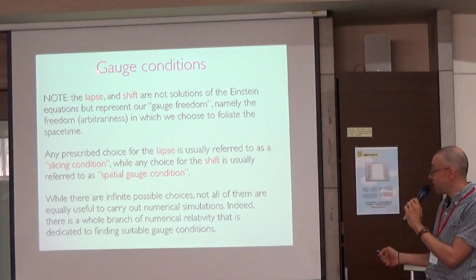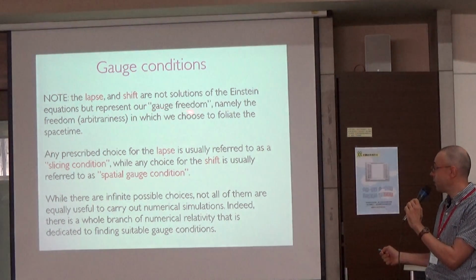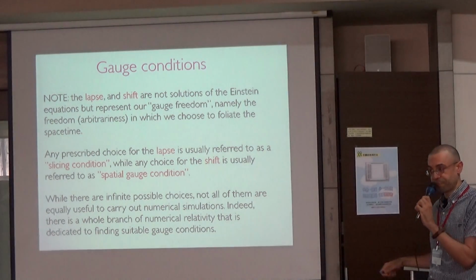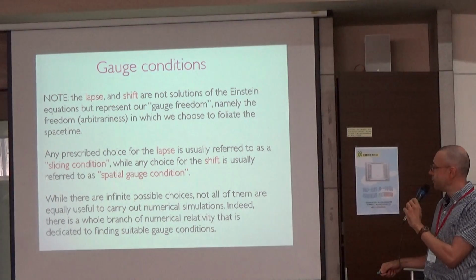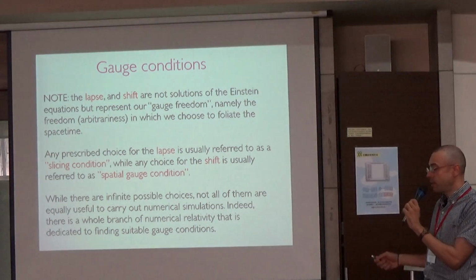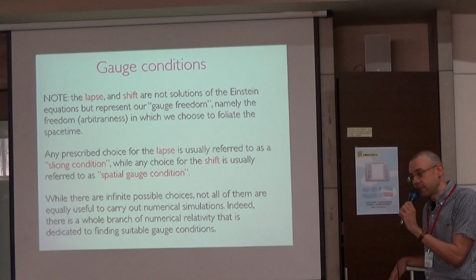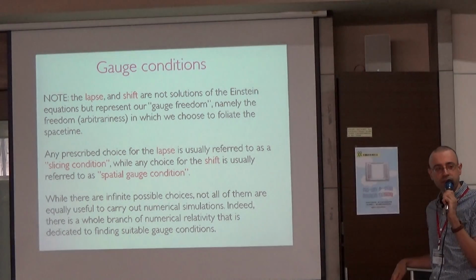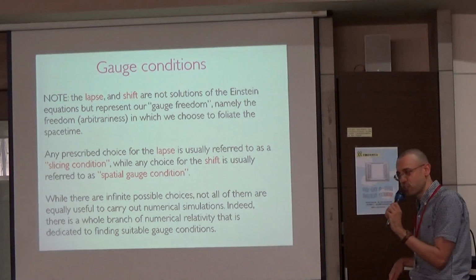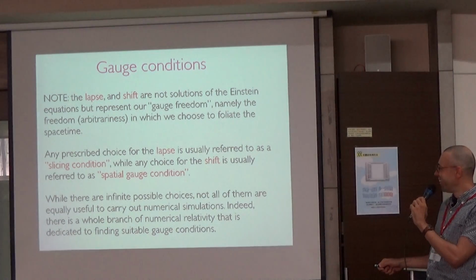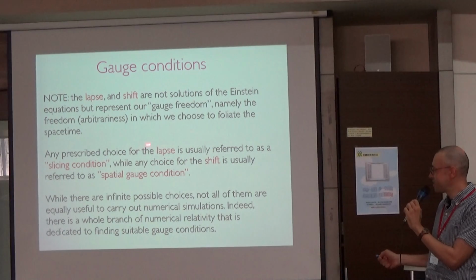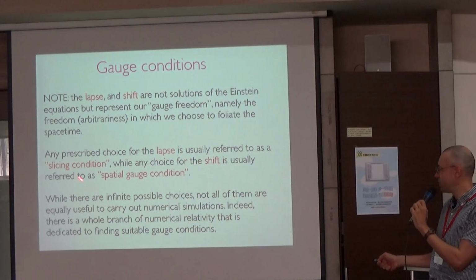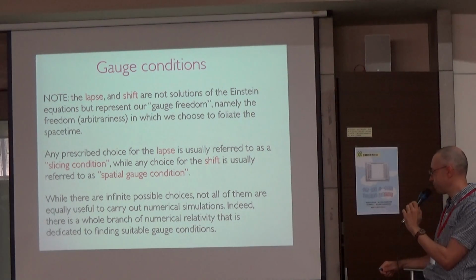And as gauge conditions, we are free to choose them. However, I will show you in a minute that not any choice of lapse and shift is good. Most choices are bad. And it's indeed an art of choosing these conditions so that they even have a name. So lapse is called the slicing condition and shift is called the spatial gauge condition.